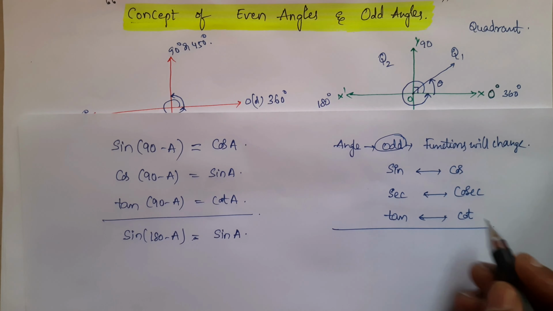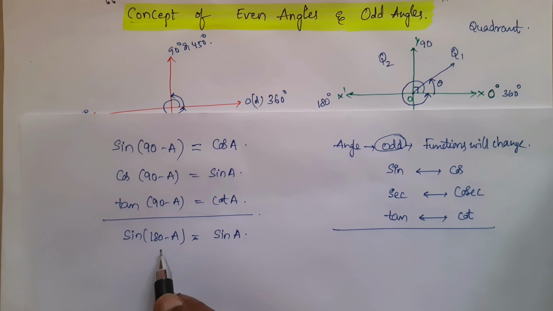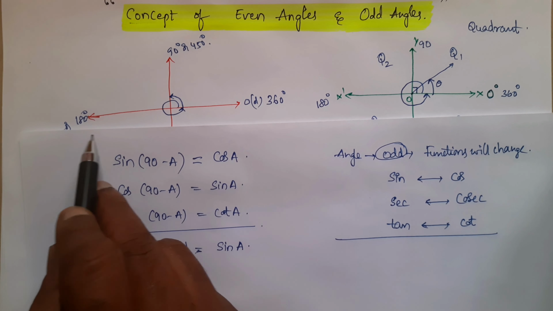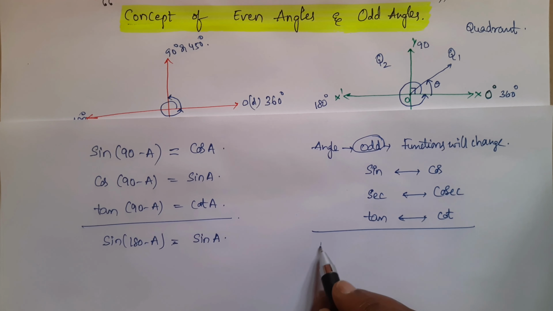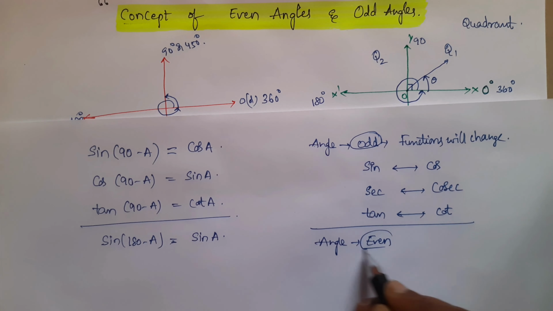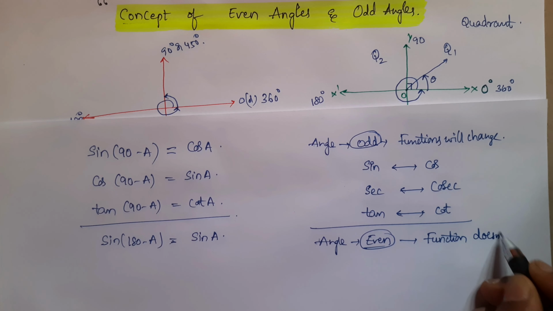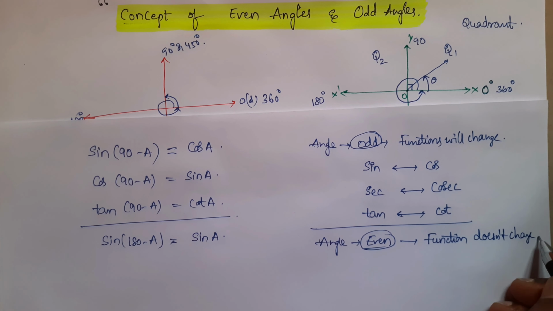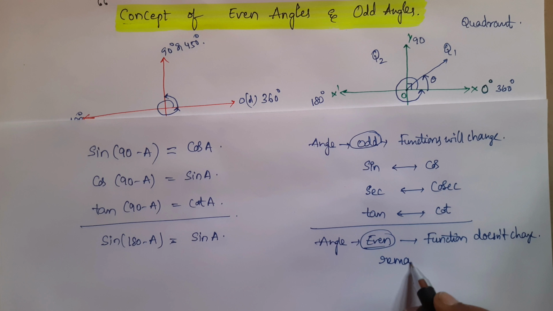How, I will tell. Why? Because 180 is nothing but an angle on the x-axis, right? So this is 180 degrees, an angle on the x-axis. If the angle is on the x-axis, that is an even angle, and if you have even angles, the function does not change. It remains the same.